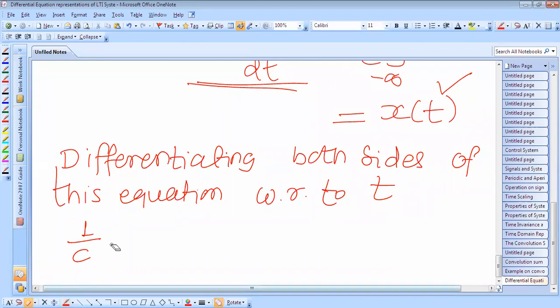So if you differentiate the integral, what we'll get? We'll get only that value.